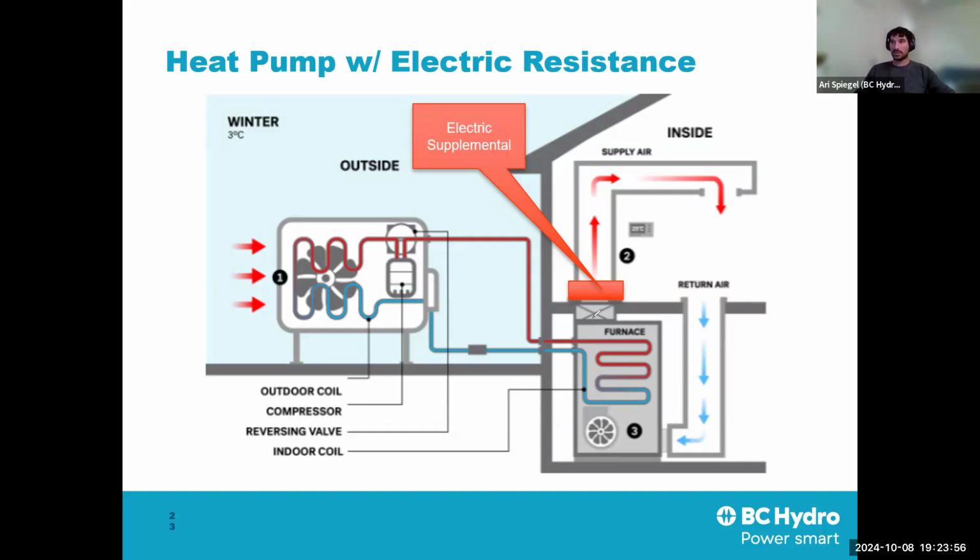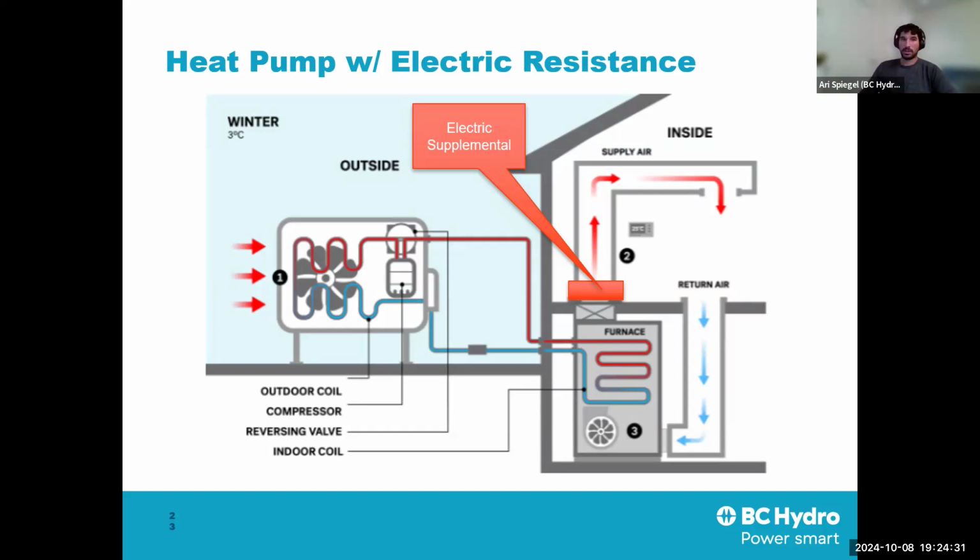Because it is after the heat pump, the heat pump can do all that it can do, and then the electric supplemental can kick in and top it up. So these two systems can run simultaneously. It can be sized for the whole heating load, going back to that 60,000 BTUs, or the supplemental could be sized only for the 20,000 BTUs and the heat pump sized for the 40.